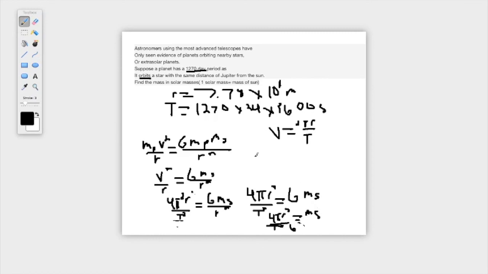So what we have to do is find the solar mass by dividing by the mass of the sun, which is around 2 times 10 to the 30th kilograms.